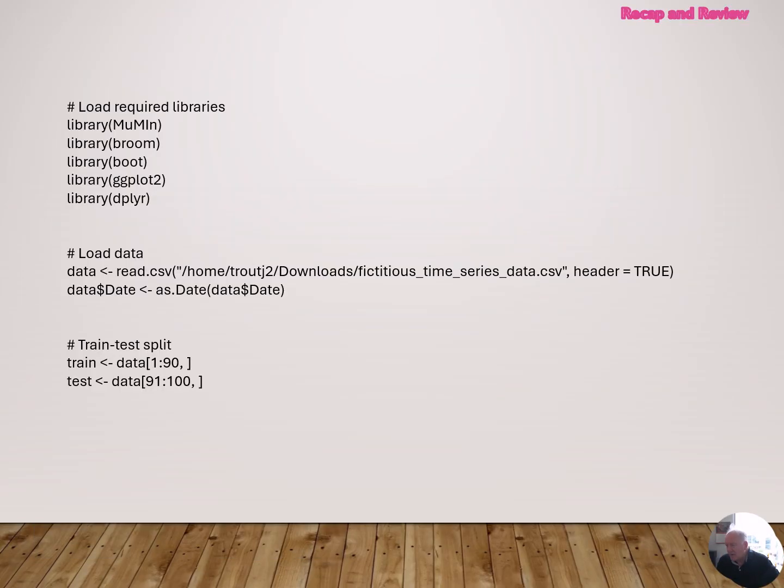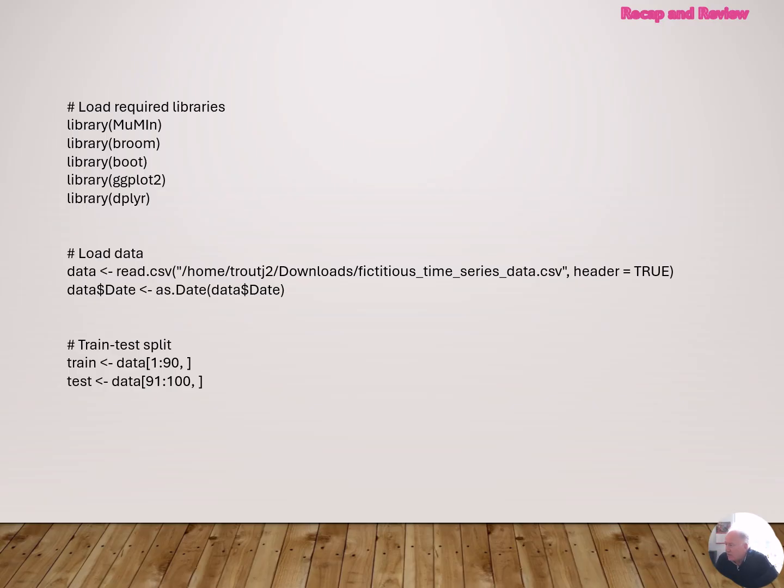So just to give you the code on how to look at this, we can go ahead and load these libraries. And I was running this on a Linux machine, which doesn't have a really good working tidyverse, so I was trying to keep away from that package or library.